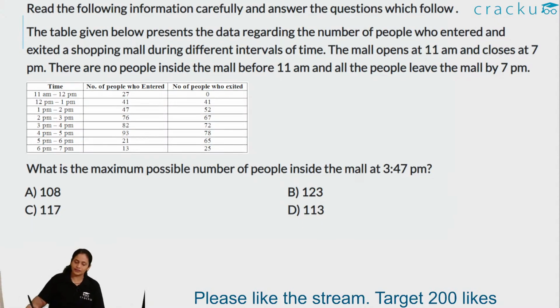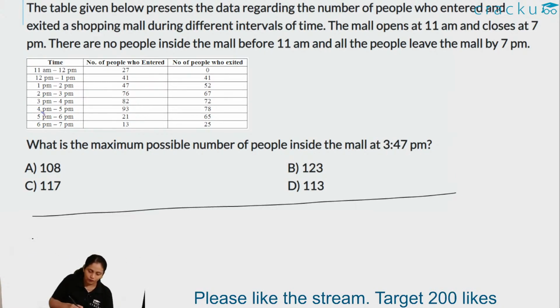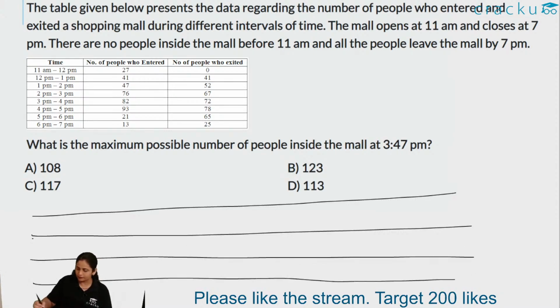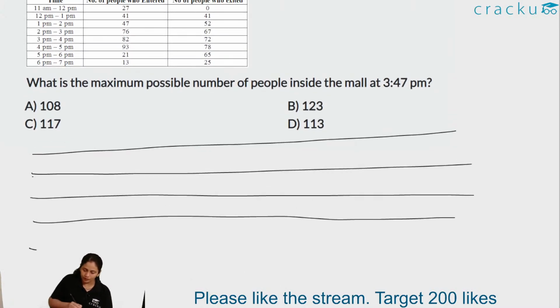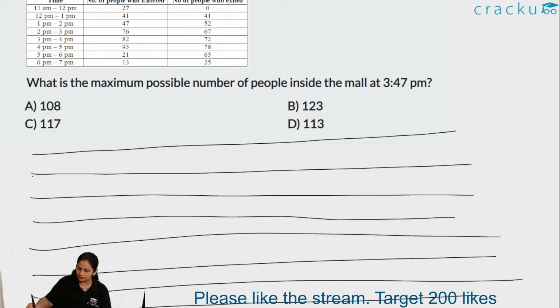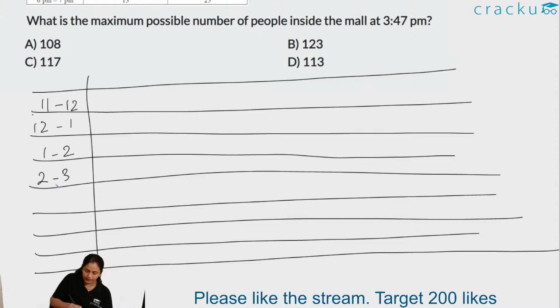Okay, so you have this table. As I said, you should do an opening balance, closing balance method. So you have 1, 2, 3, 4, 5, 6, 7, 8 time periods. And this is 11 to 12, 12 to 1, 1 to 2, 2 to 3, 3 to 4, 4 to 5, 5 to 6, 6 to 7.